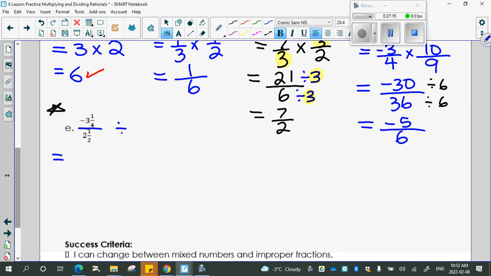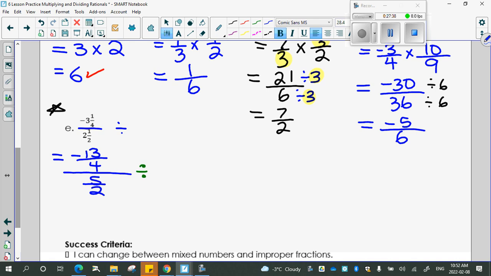That's what I would do first. Alexa? -13 over 4. -13 over 4 divided by 5 over 2. Does that make sense to everybody? So all I did in that step was change my mixed numbers to improper fractions. That's all I did.